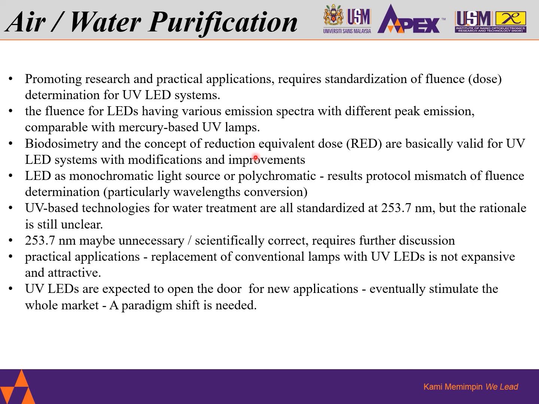Biodosimetry and the concept of reduction equivalent dose, RED, are basically valid for UV LED systems, while some modifications are still needed. Currently, some people consider LED a monochromatic light source, while others take it as polychromatic, resulting in a mismatch of protocols for fluence determination, particularly on wavelength conversion.